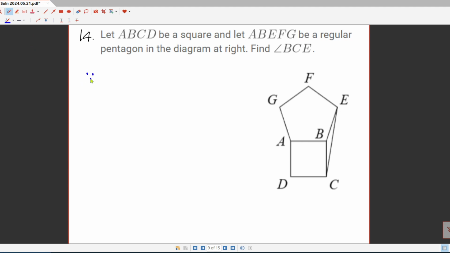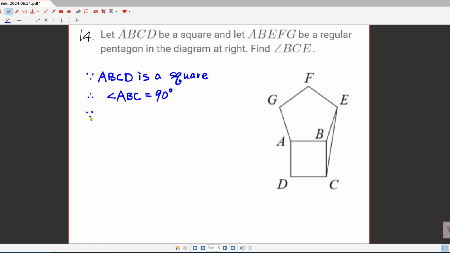Okay, first of all, because ABCD is a square, we have angle ABC is 90 degrees, right?